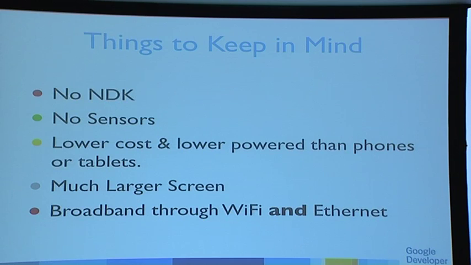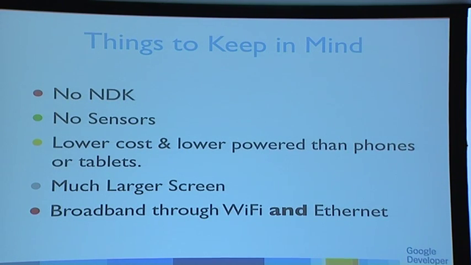The other thing that you should keep in mind as a developer is broadband is available through Wi-Fi and Ethernet. I've seen a bunch of apps that I tried out where developers basically query the connection manager and they check, hey, do I have Wi-Fi? Oh, I don't have Wi-Fi. OK, good. Then they assume automatically that you don't have a broadband connection, and maybe they only run with limited content.